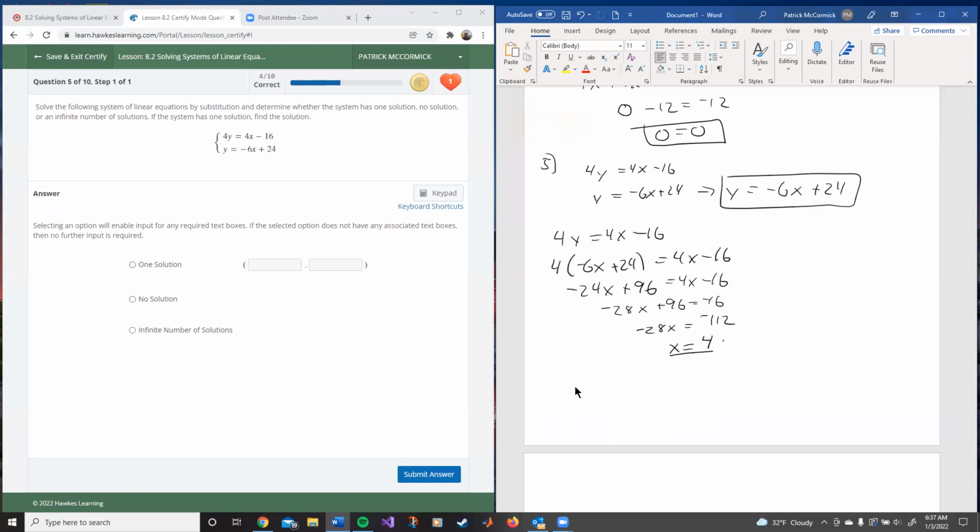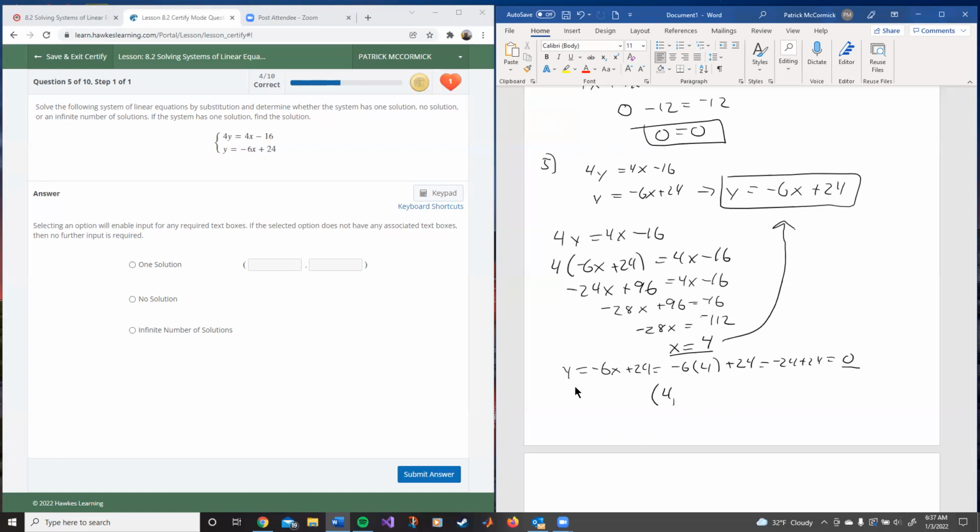Okay. Take that, plug it into our substitution. So y equals -6x plus 24. So -6 times x, which was 4 in this case, plus 24. So -24 plus 24 equals 0. Is that okay? Sure. All right.